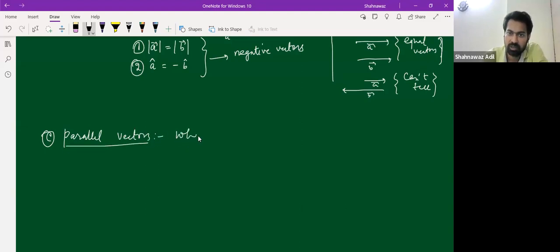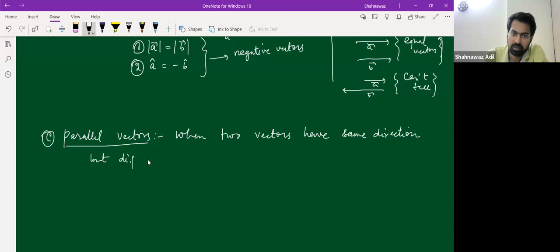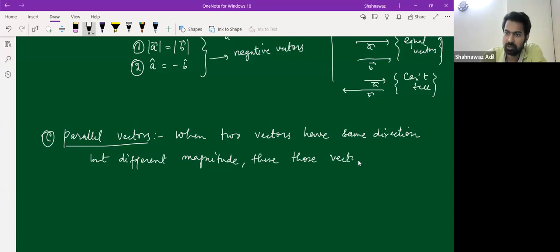So when two vectors have the same direction but different magnitudes, those vectors are called parallel vectors.